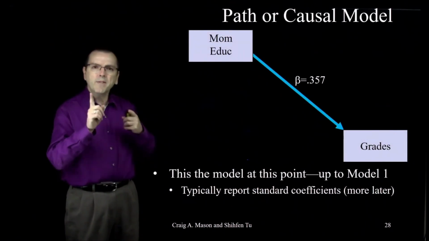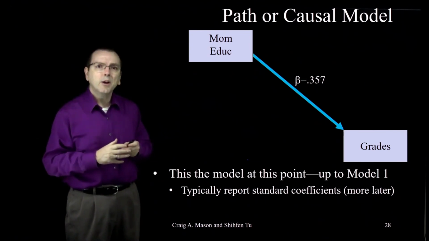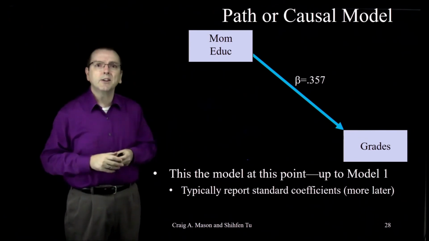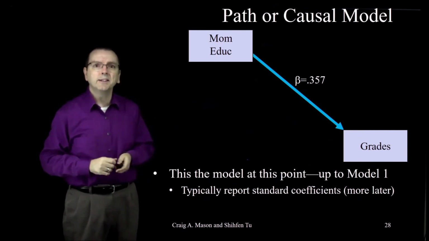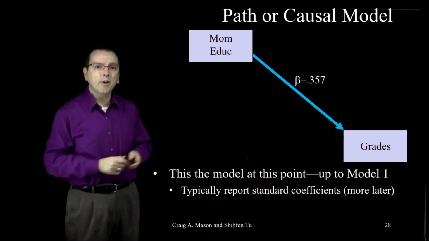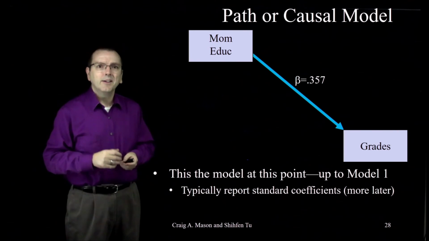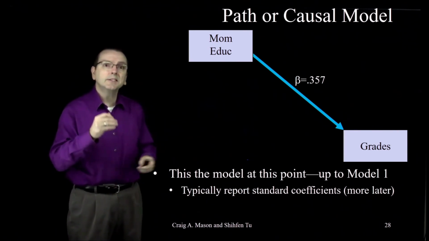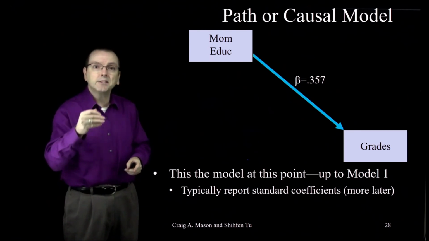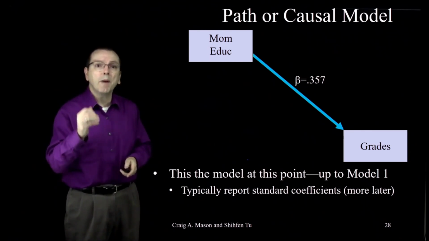And we previously just used the Venn diagram to visualize our model. We can also visualize it using a path or causal model just for Model 1 in this case. At this point, right, it's pretty simple, right? Now note that we typically describe the size of the effects in the path models using standardized coefficients or betas.